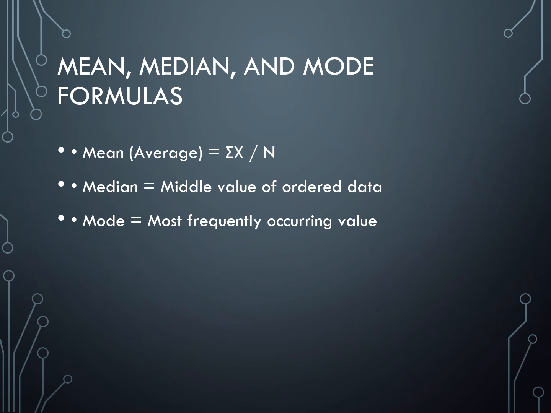For example, if our data is 2, 3, 3, 5, 7, mean equals total sum 20 divided by number of observations 5, equals 4; median equals 3; mode equals 3. These three measures give us different ways to understand the center of our data.